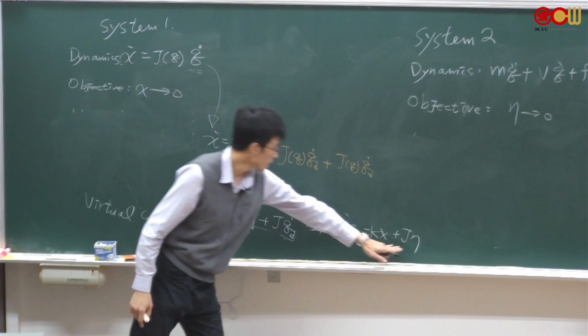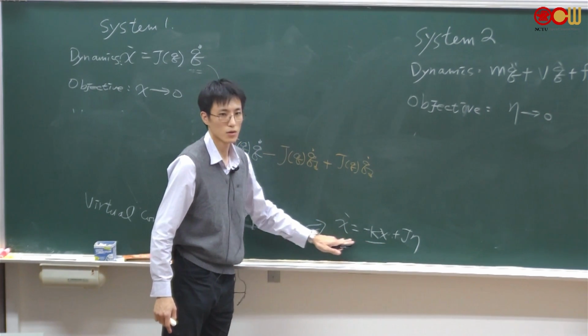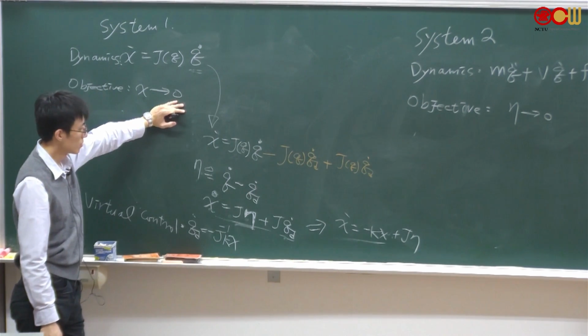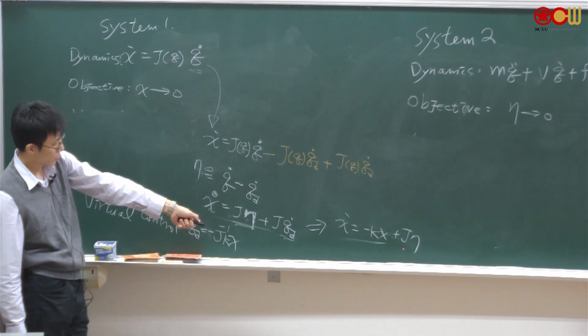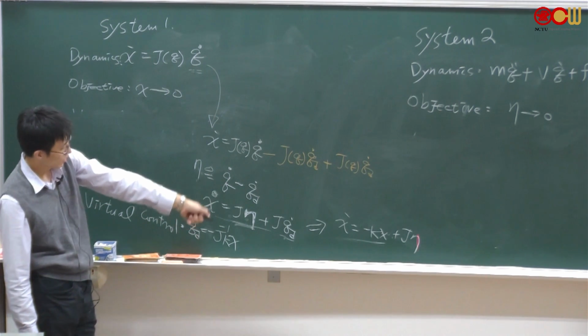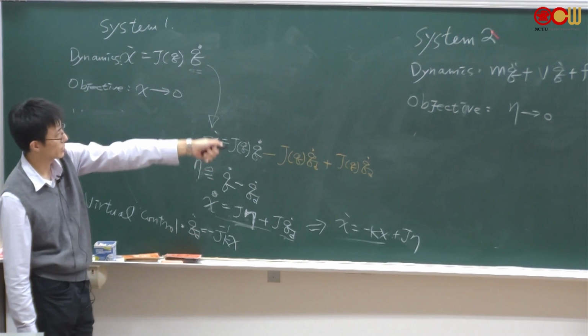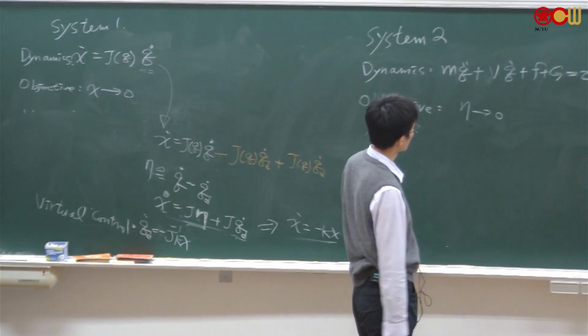As long as eta goes to 0, the first system will be stable, right? X will converge to 0, which is the objective, as long as eta goes to 0. So for X to go to 0, you just let this be the task for the second system. So the objective for the second system is that eta goes to 0.